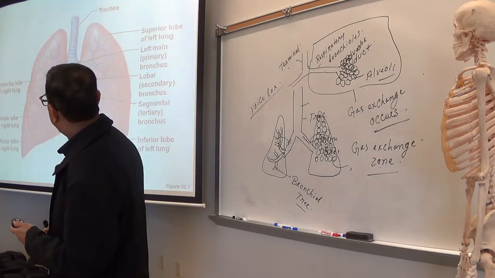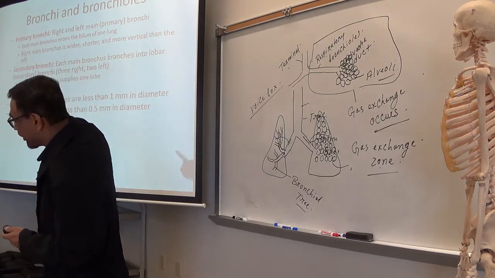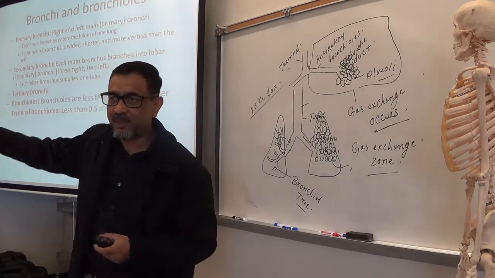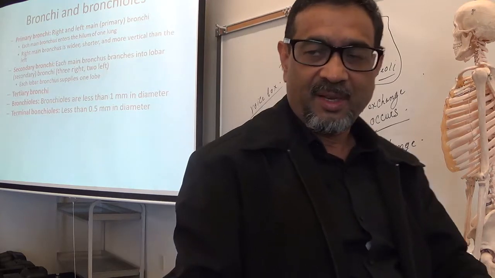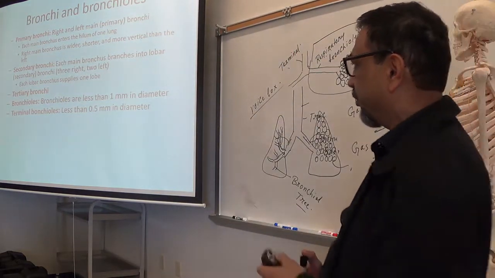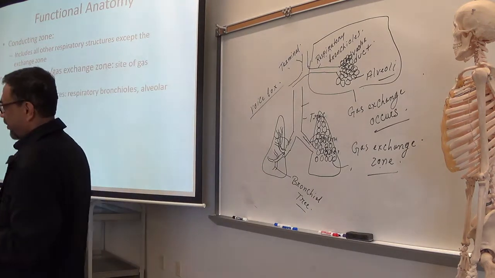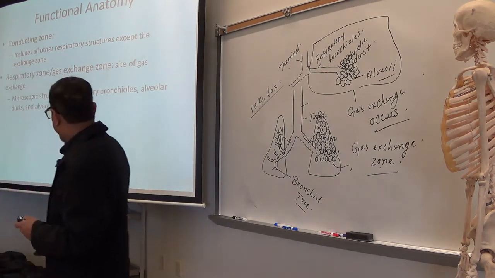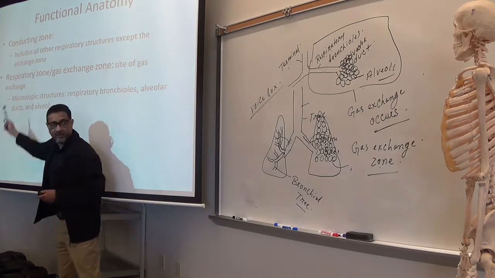From here, all these belong to the conductive zone because they are only for the passage of gas, not exchange. Only the last three belong to gas exchange, also called the respiratory zone.